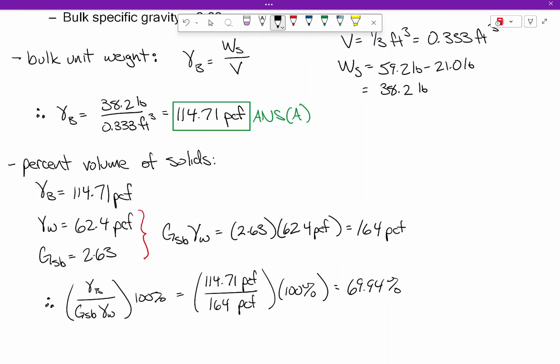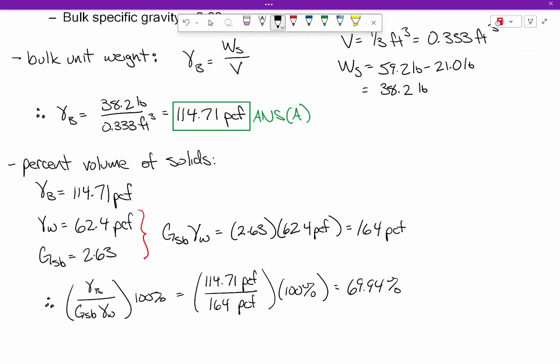If it's 100% solids, how much voids are present? Zero. Okay? Now what I'm saying is that we calculated this as our unit weight, and this is the unit weight if it's totally solid. If we take the ratio of these two, the sample is about 70% rock, right? And if it's about 70% rock, how much is voids or air? 30. There you go.